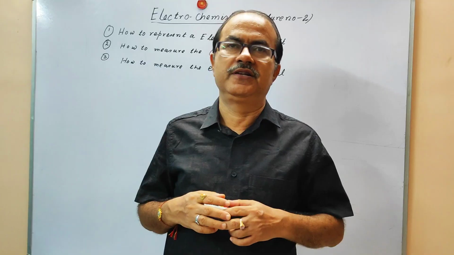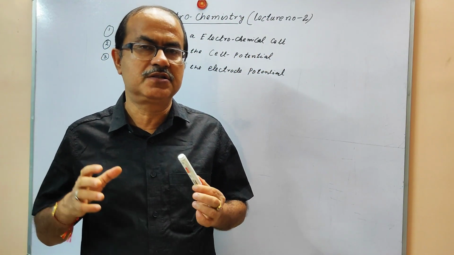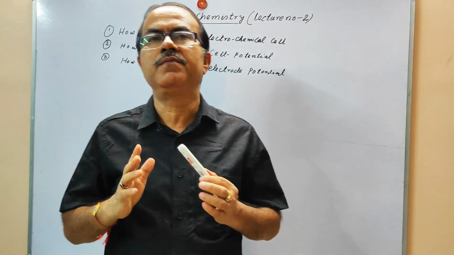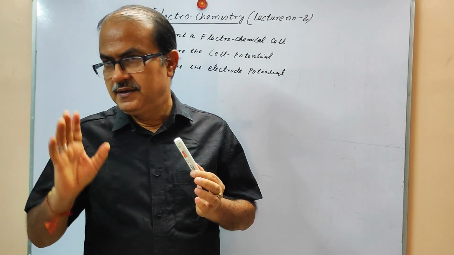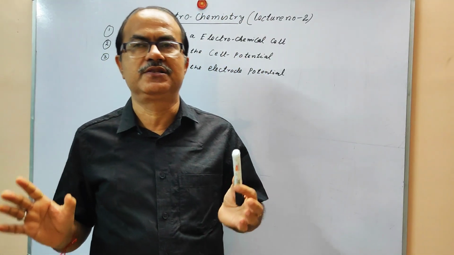In the previous lecture, lecture number 1, we discussed the basic construction of an electrochemical cell. We observed one very basic thing, that a redox reaction is split into two parts.